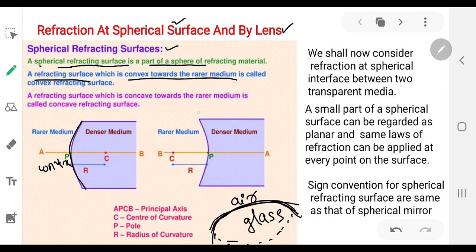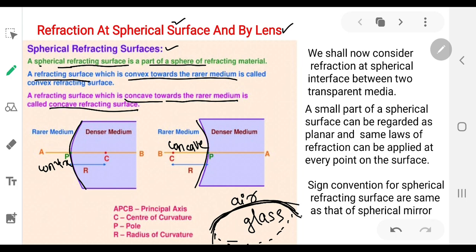Now refer to the second diagram. If the refracting surface is concave towards the rarer medium, then it is called a concave refracting surface.